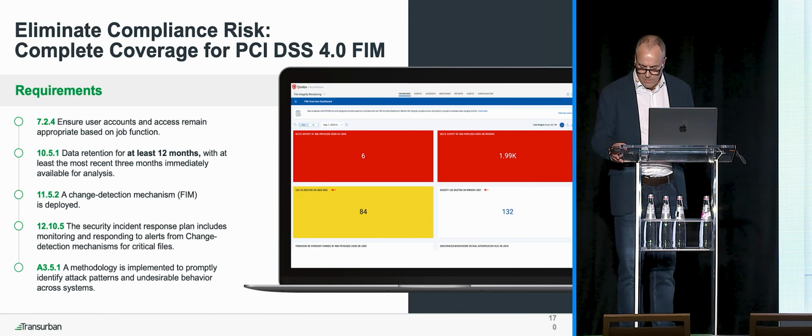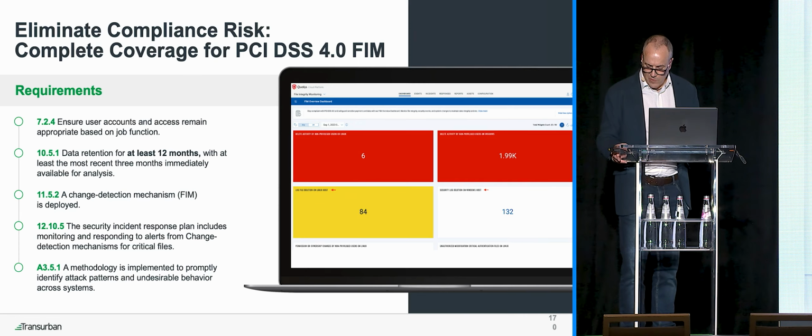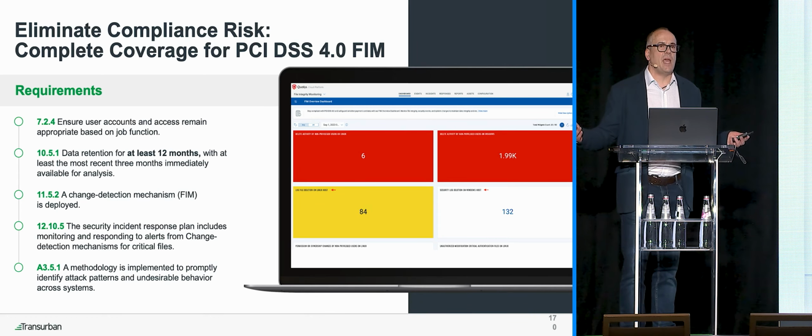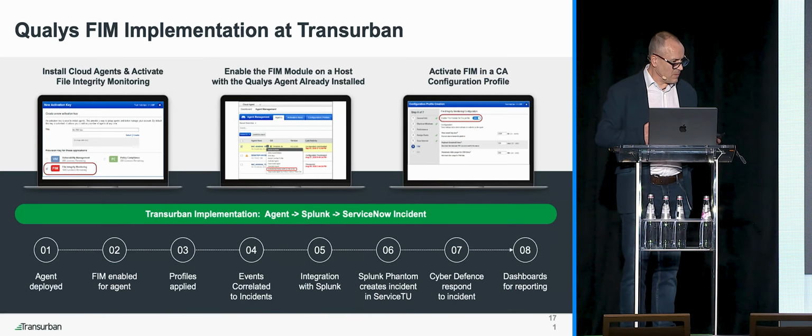And in addition, it provides auditing of appropriate user accounts and access based on job functions, auditing of appropriate data retention policies, and it can use identified attack pattern methodology to trigger alerting. So if you combine all those things, you get effective SOC management and are able to meet your PCI requirements.